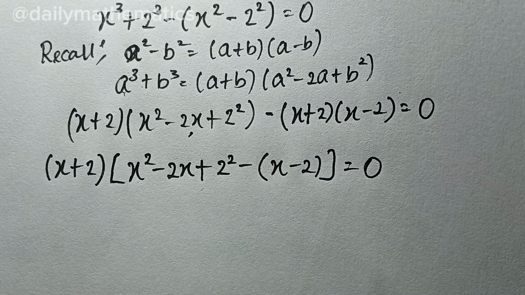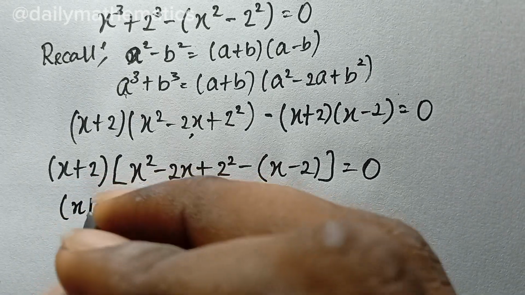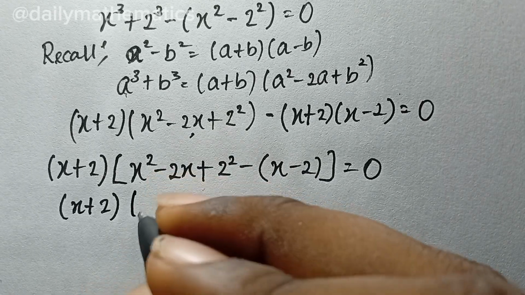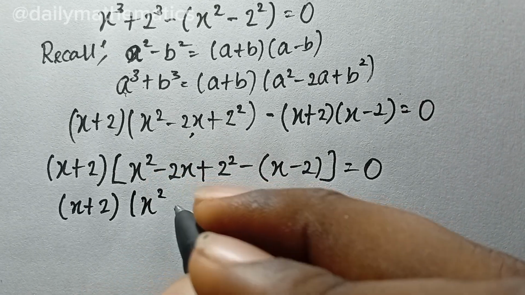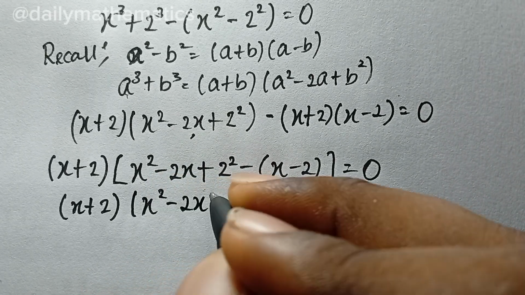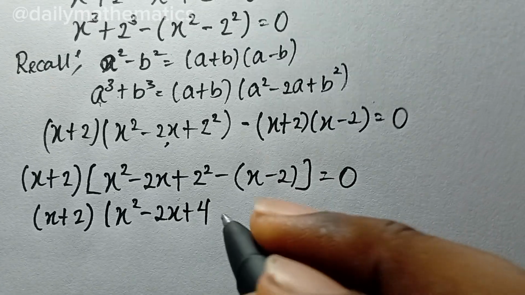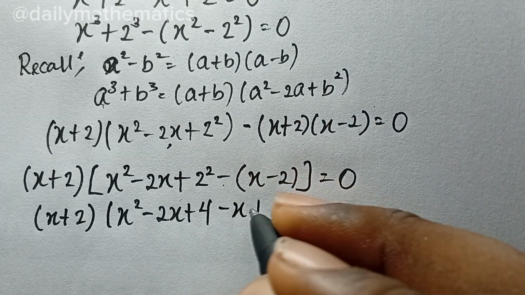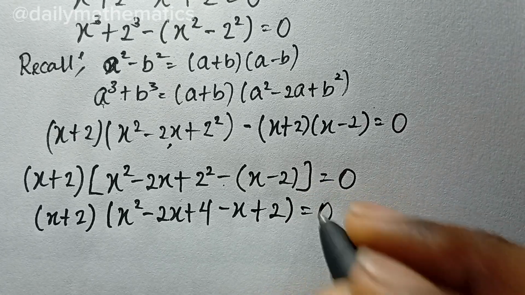And so from here, what do we have? We have x plus 2, and then when we open this bracket, we have x squared, and we have minus 2x plus 2 squared gives us 4. And then we have minus times x, minus x, then we have minus times minus 2, which is plus 2, then equals 0.